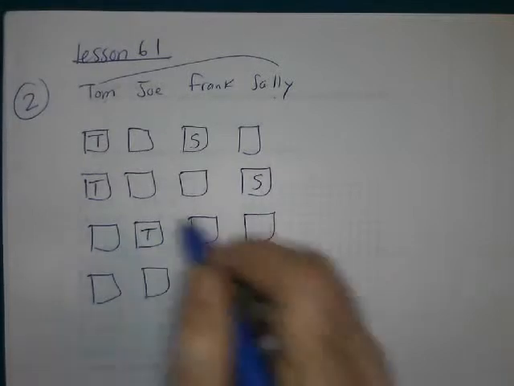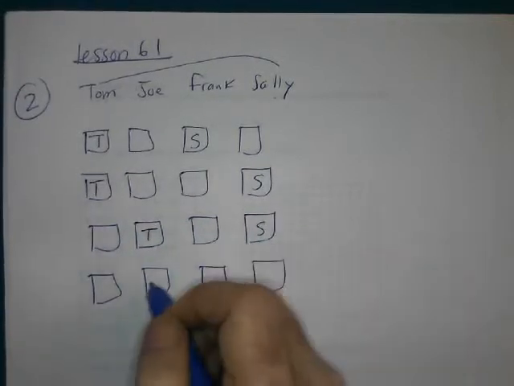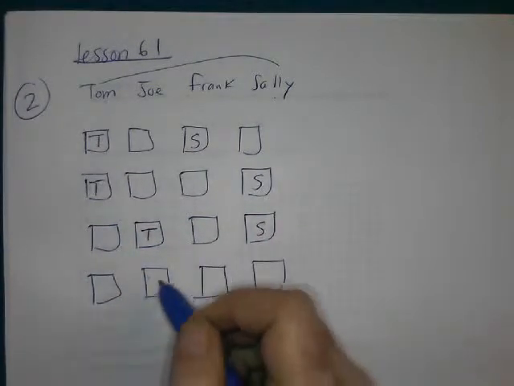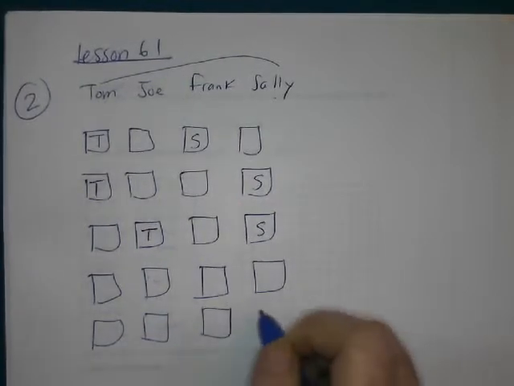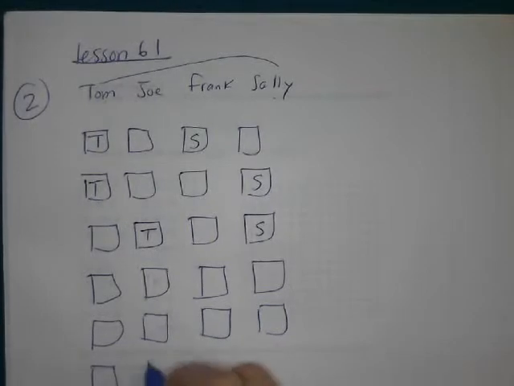Tom could be second and Sally could sit there. That's the only way Tom could be second. Give me some more. I don't know how many I need. I'm just making some blanks.